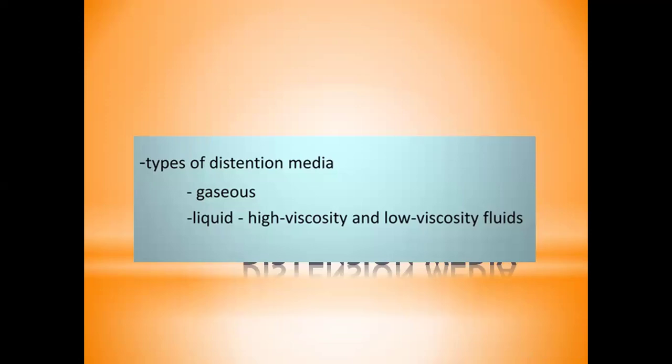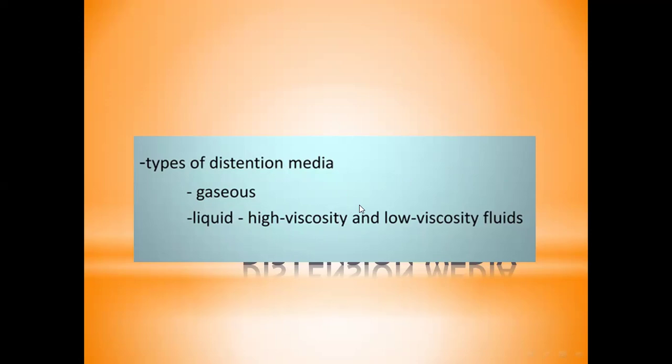The problem is that the uterus is collapsed, because the anterior wall is in contact with the posterior wall. If you do not use distension media, you cannot see any structure inside the uterus. So how to distend the uterus? Either by gases, which are old methods, CO2, or liquid. Liquid can be high viscosity or low viscosity fluid.